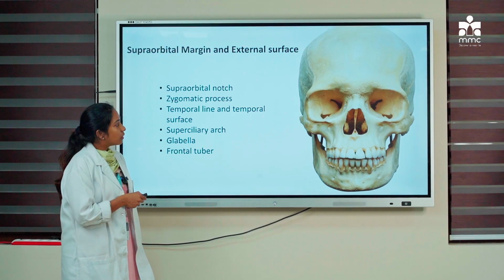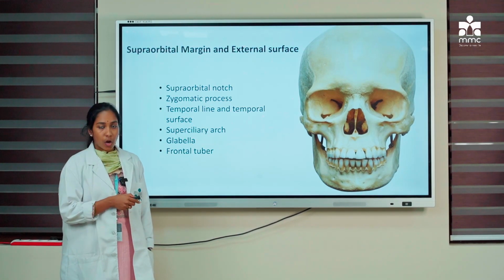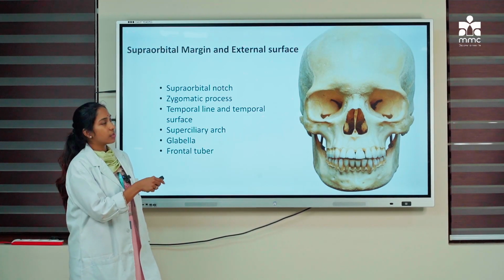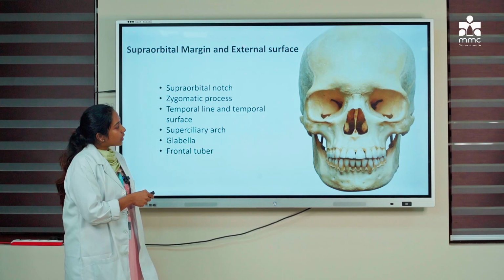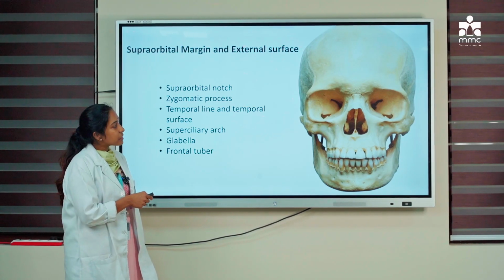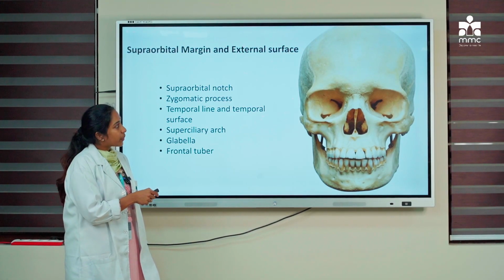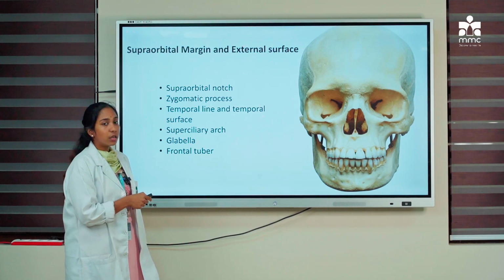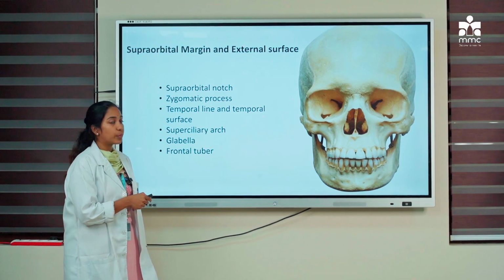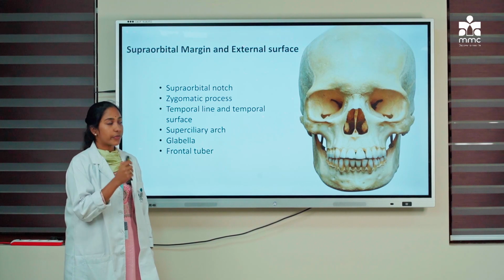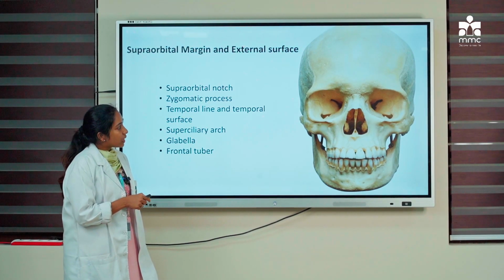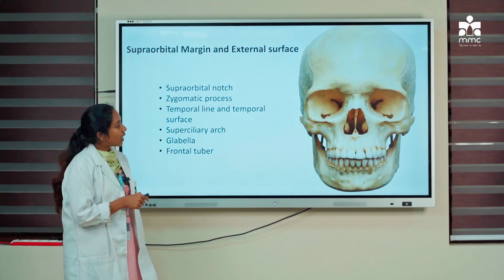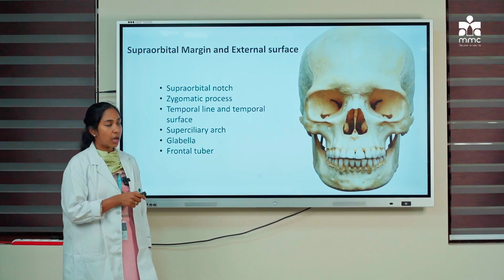First we will discuss the supraorbital margin and the external surface of the squamous part. The supraorbital margin is concave and it separates the squamous part from the orbital part of the frontal bone, that is, it forms the roof of the orbit. Medially it is rounded and laterally it is sharper.